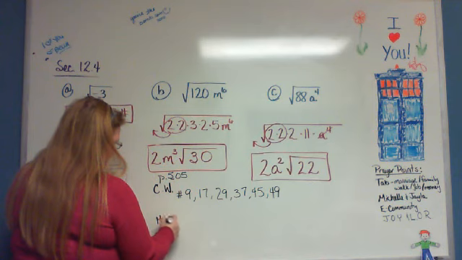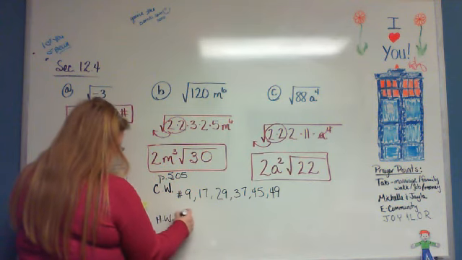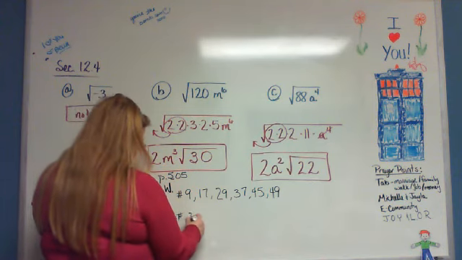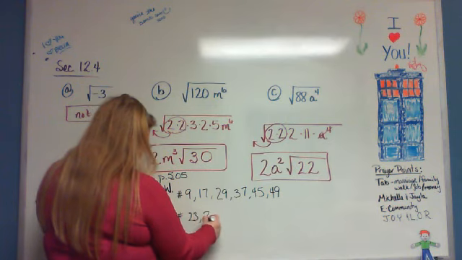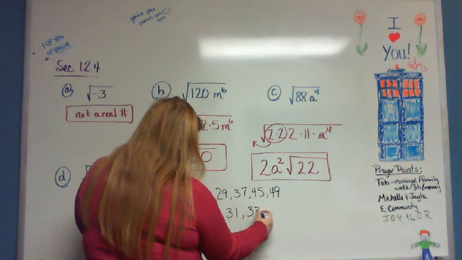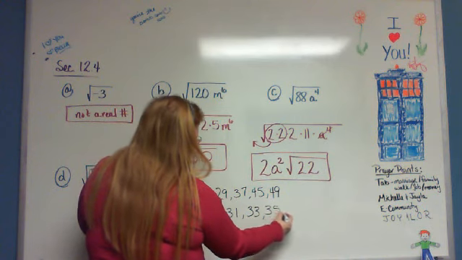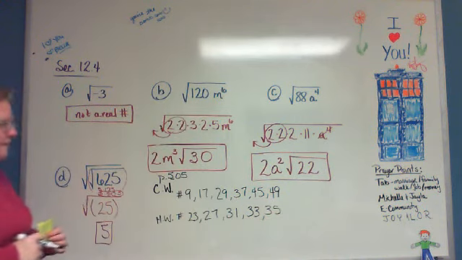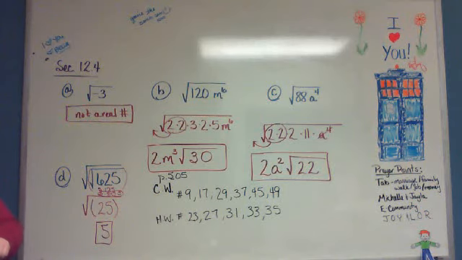And then for homework, you have numbers 23, 27, 31, 33, and 35. And that takes care of section 12.4, which means tomorrow you'll do section 12.5. Okay, see you then.